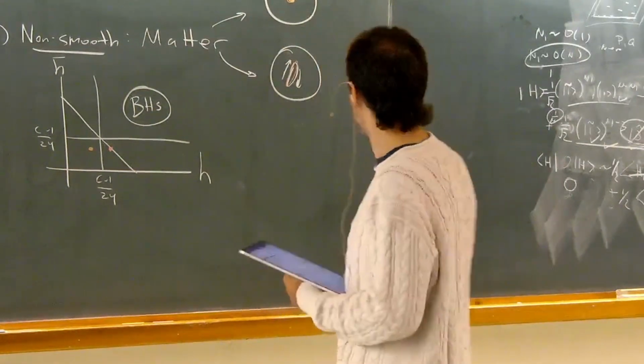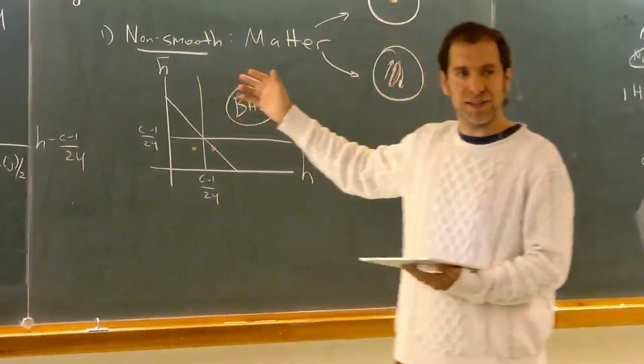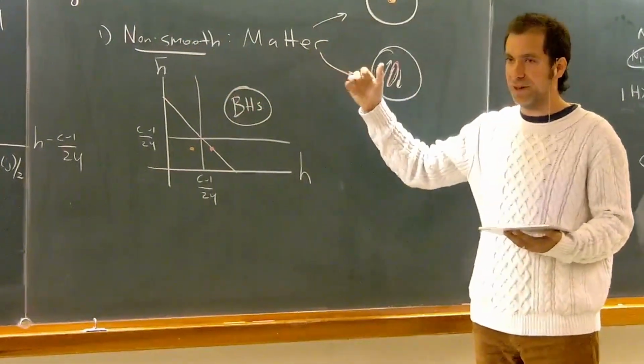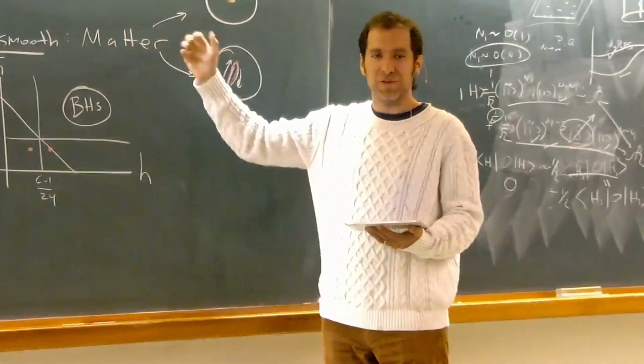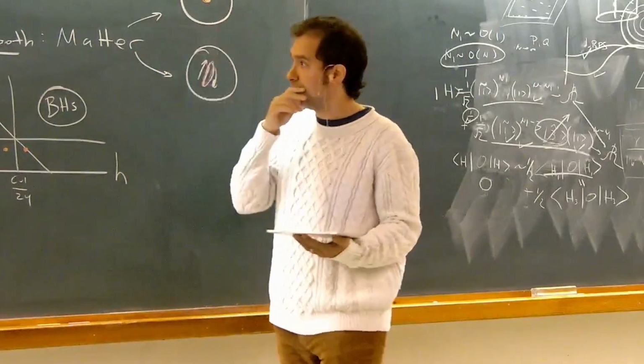Sure. So that was the option that I don't like, in the sense that I don't view this as a complete solution of the original problem, because we're adding matter, roughly speaking.